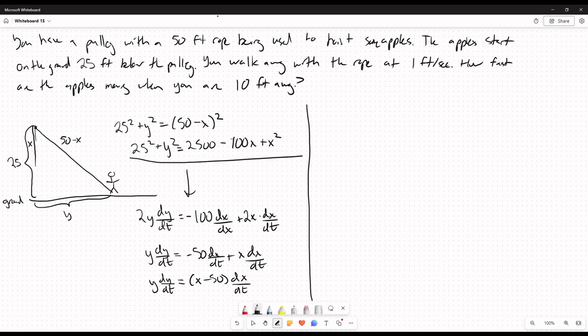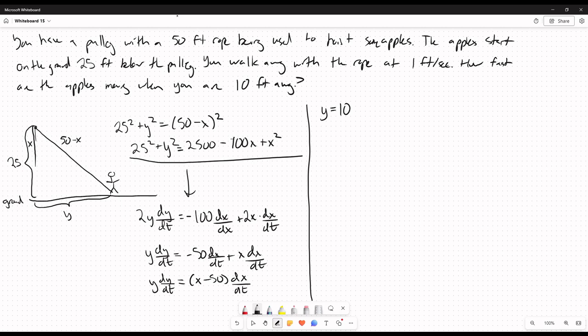Now, let's go to our moment in time. What do we know? We have a pulley with 50 feet of rope. We've already used that piece of information. The apples start on the ground 25 feet below the pulley. You walk with the rope at 1 foot per second. How fast are the apples moving when you are 10 feet away? So we know that y equals 10 because that's my distance.